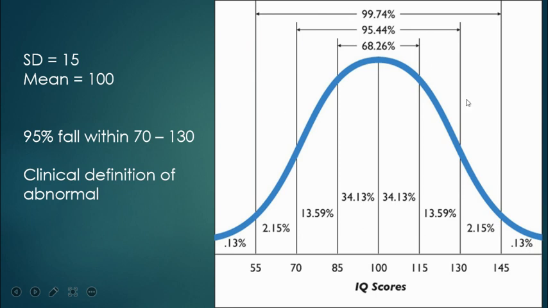I hope I explained that somewhat well, clear as mud kind of the idea. But if you're familiar with the normal distribution, just know that IQ scores also form a normal distribution, and the IQ tests that we use today are centered on 100, and a standard deviation on this normal distribution is 15.